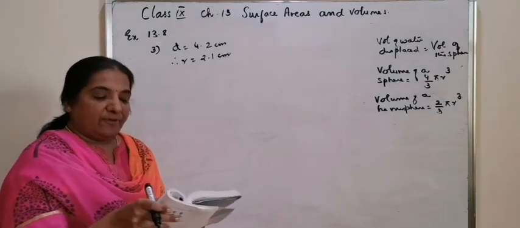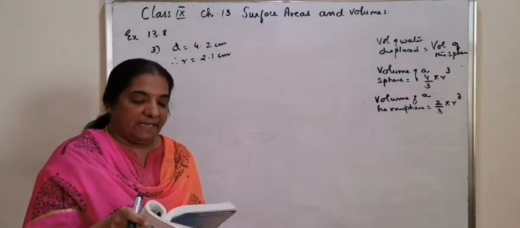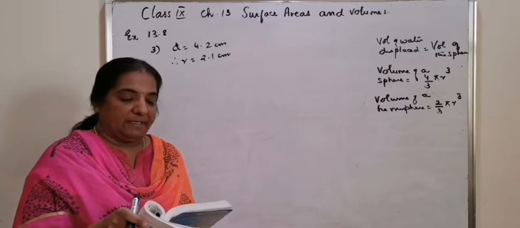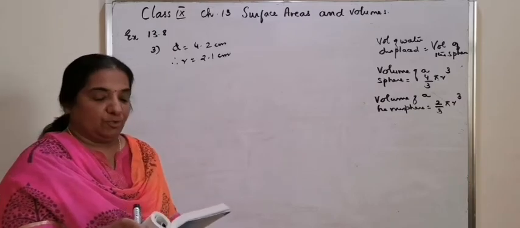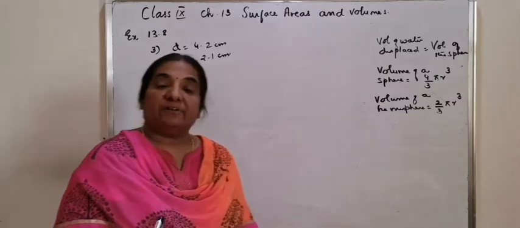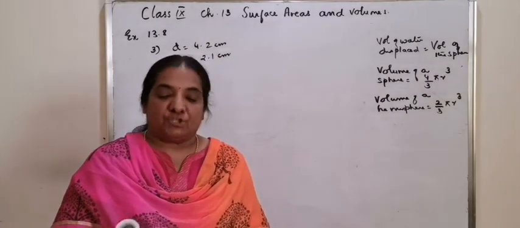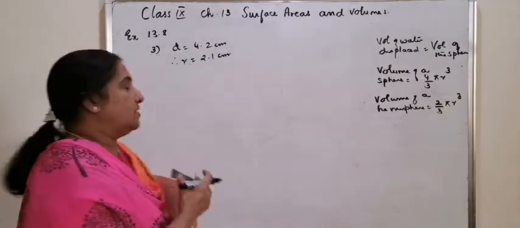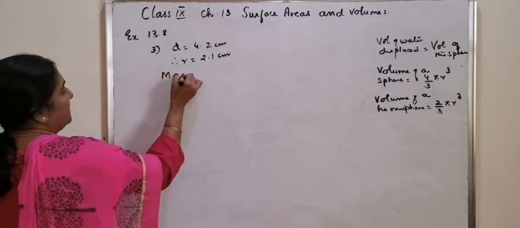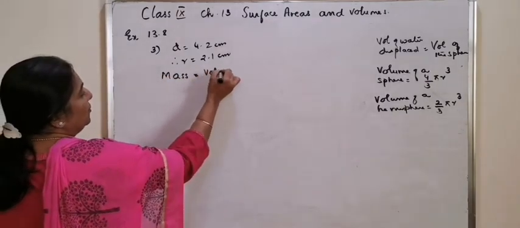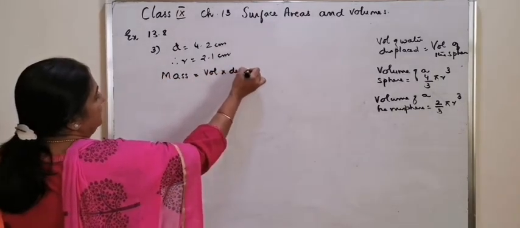The question is, find the mass of the ball if the density of the metal is 8.9 gram per centimeter cube. See, the density of the metal is given per centimeter cube, which shows that mass is equal to, the formula is mass is equal to volume into density.